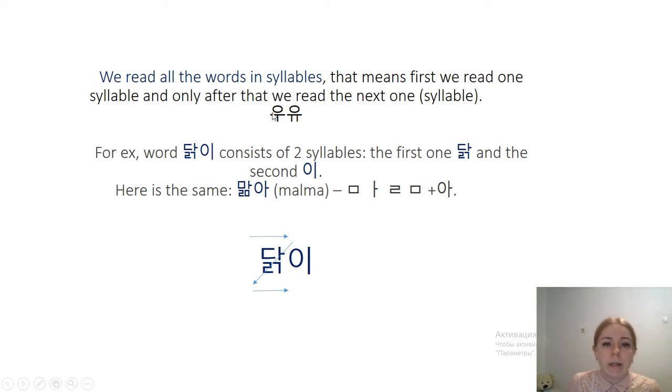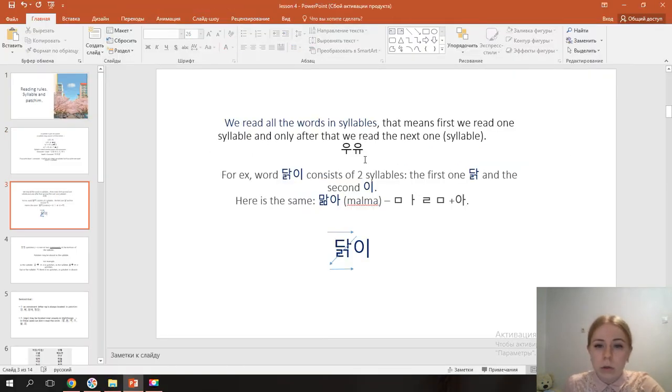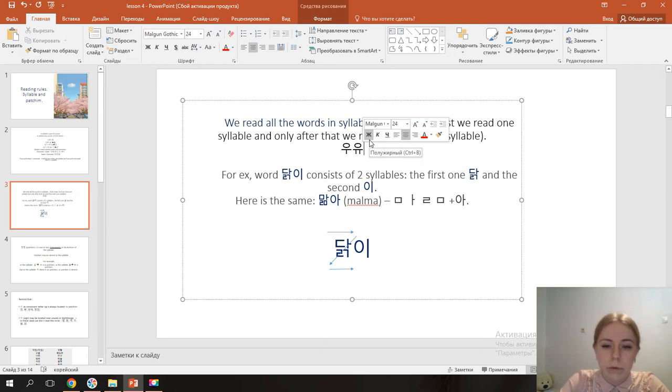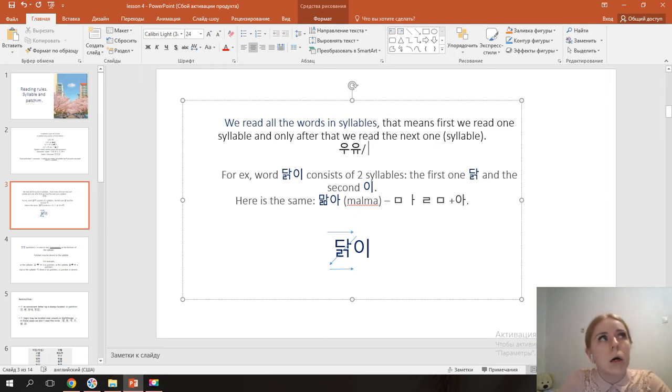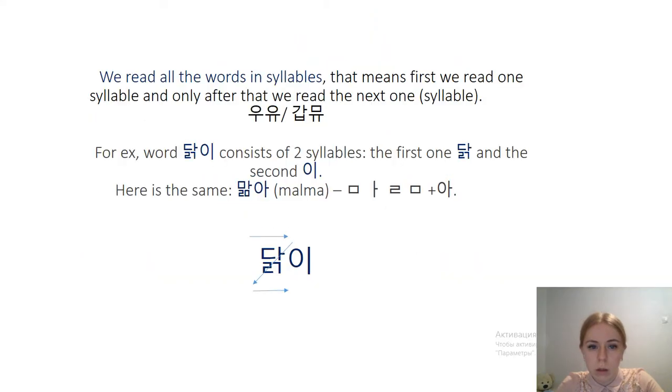We cannot read it any other way, but for example, if we had not uyu, but for example, cup, mu, for example. So we have such a syllable.